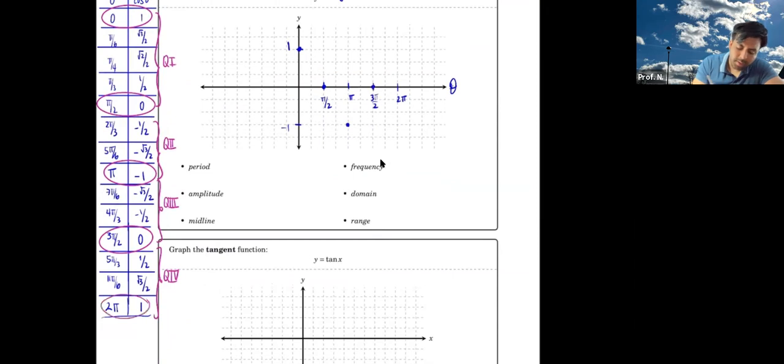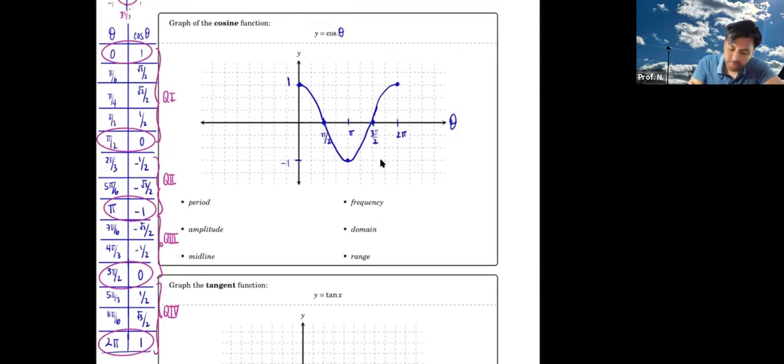And then at 2 pi, I'm back at 1. And then if I connect them in a wave-like fashion, I get cosine. So this is one full cosine curve.